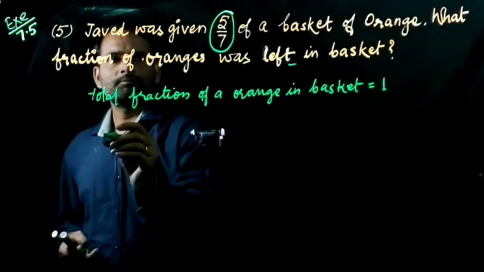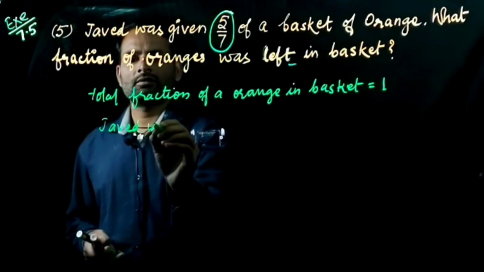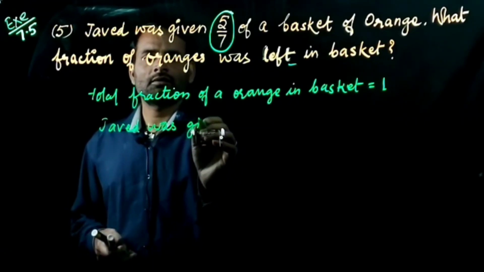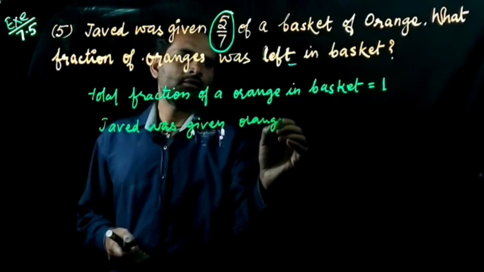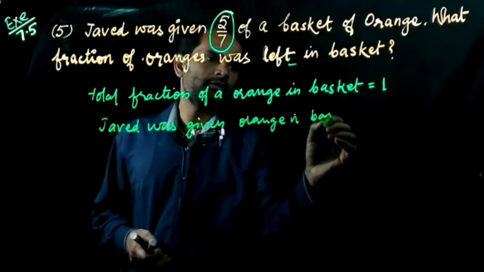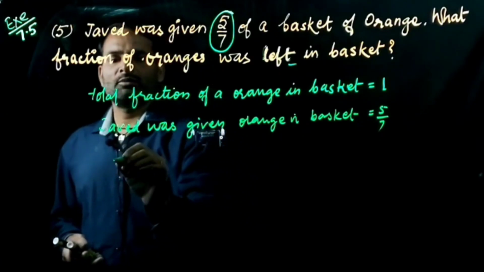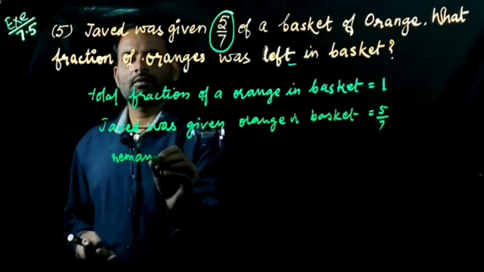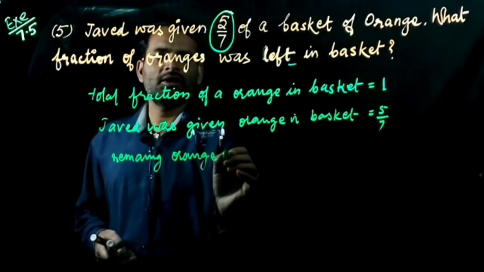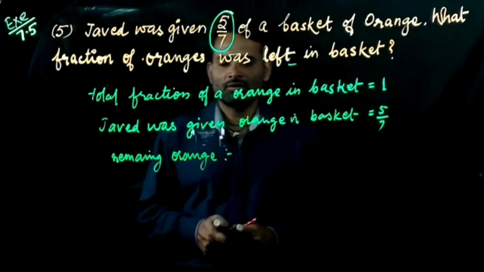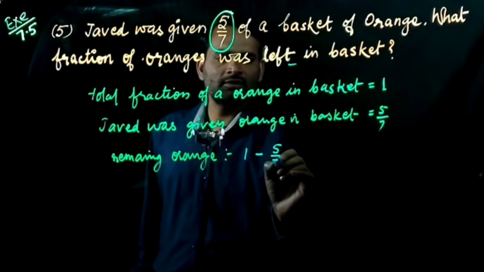Javed was given oranges in the bucket, the fraction is 5/7. So the remaining orange is 1 minus 5/7.